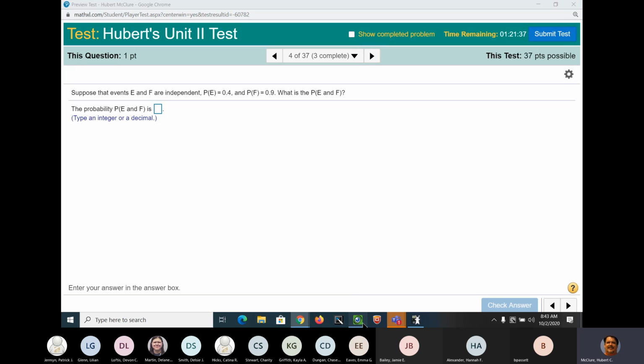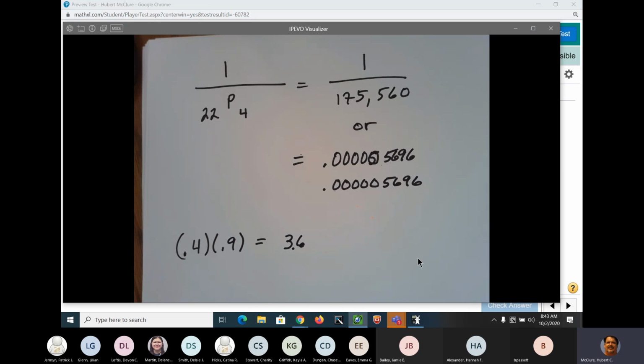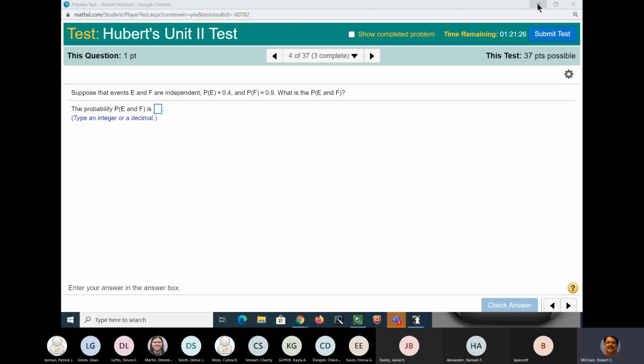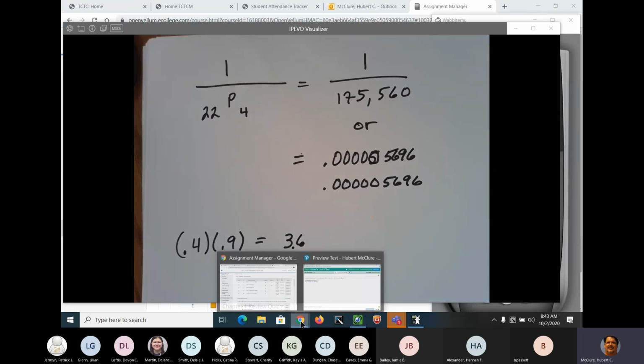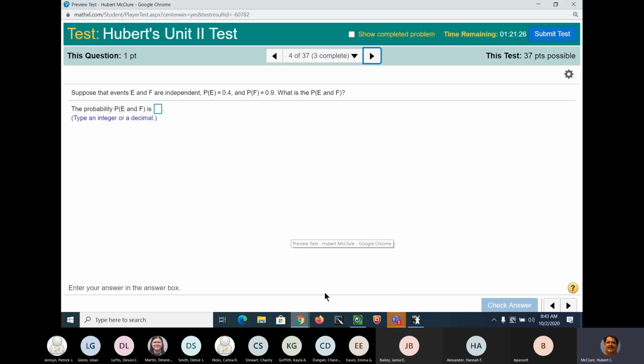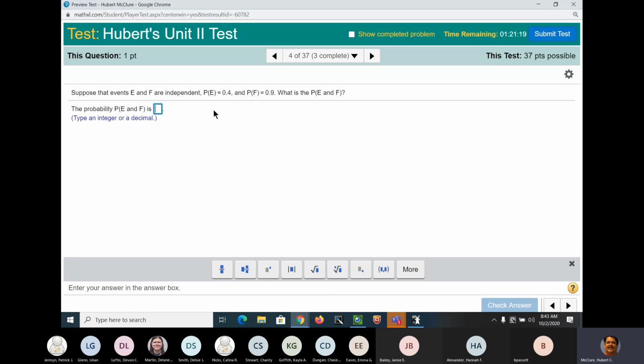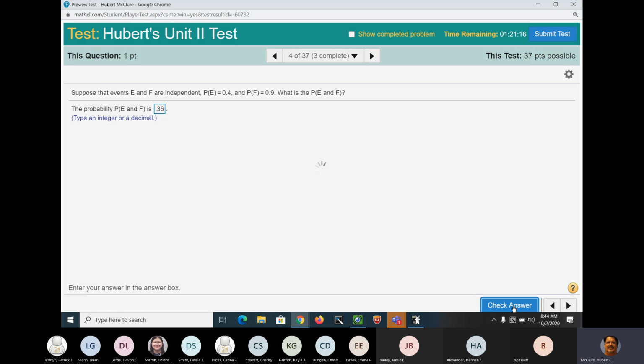I did that without a calculator. 3.6, or 0.36. Should be 0.36. Because you can't have a probability over 1, so it'd have to be 0.36. There we go. 0.36.